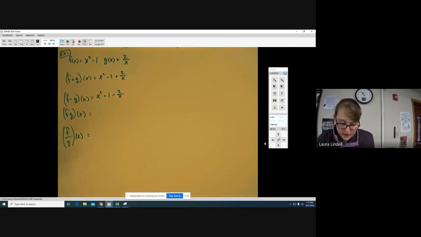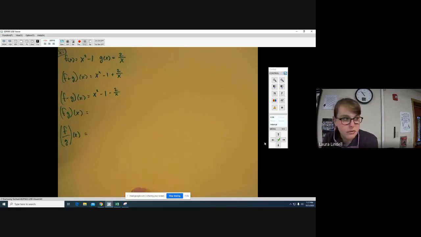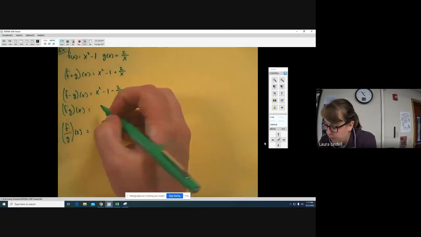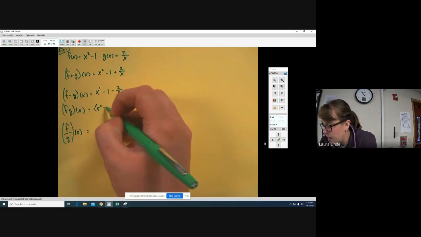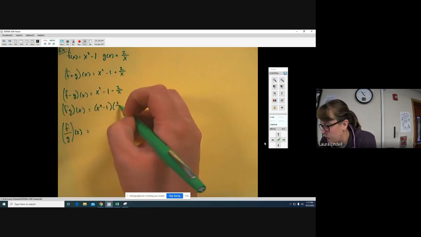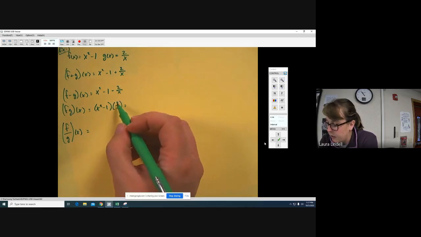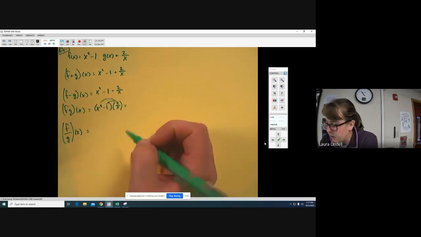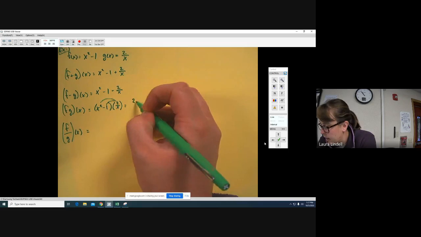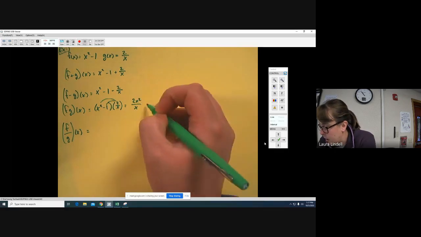F times g of x does get a little bit more into something that we could simplify. So we get x squared minus 1 times 2 over x, which gives us, if we distribute here, 2x squared over x minus 2 over x.